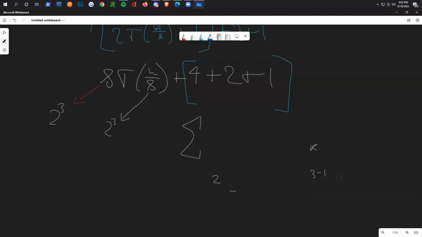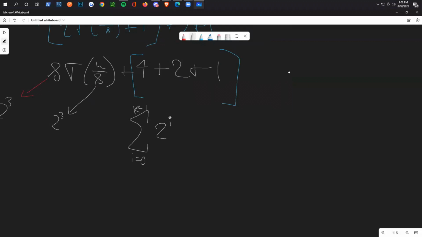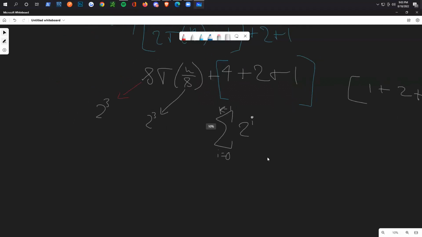So it's k minus 1 bounded. Typically, a lot of times you're going to see k minus 1, k minus 1, equals 0. It's going to be 2 to the i. And again, you can tell by rewriting it in powers of 2. I won't do that, but I'm sure you guys can see the powers of 2 right here. So I'll just write it right here.